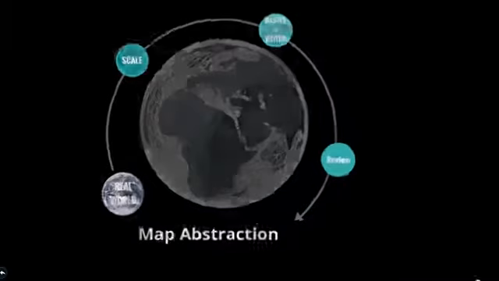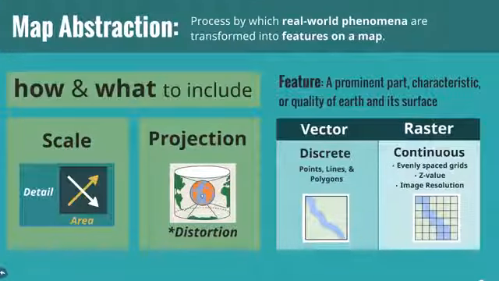To review, the map abstraction process refers to the steps and decisions that we must make in order to get the real world into a map, whether that is a paper map or a GIS. And this requires a range of decisions about what we want to include and how we want to represent these features. Among the most important considerations are those concerning the map scale, where we make trade-offs in terms of the amount of detail we see and the area covered, as well as projection in terms of which distortions we can live with and which ones we cannot live with.